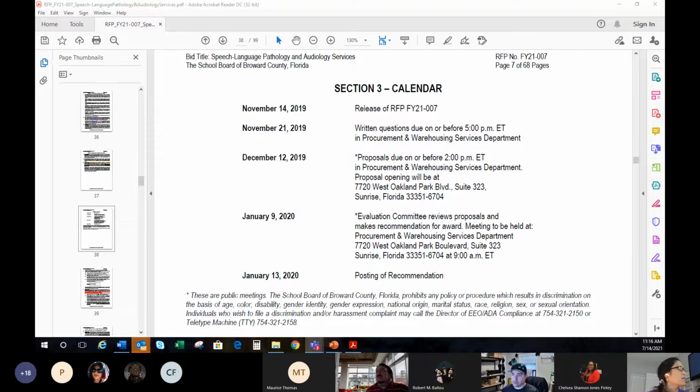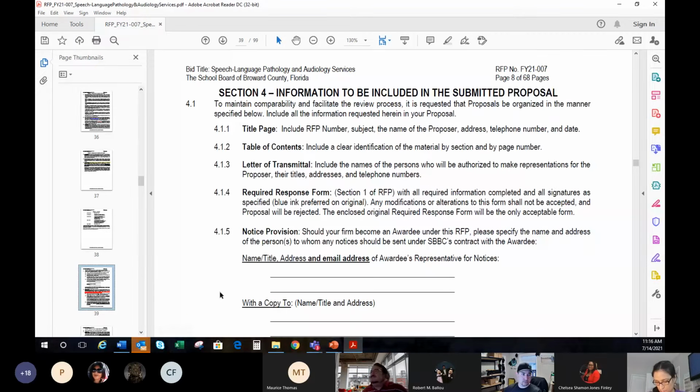And then they're brought back into the room if there is any other further information that we need to follow through in the RFP. But any questions or negotiation sessions are exempt from public hearing. So basically, these are important dates that will be provided to you. We can go on to the next page.